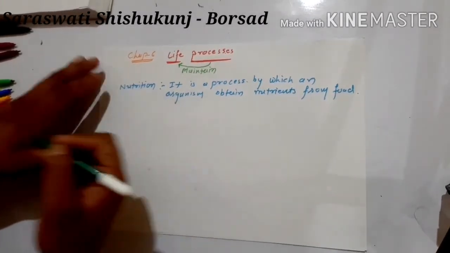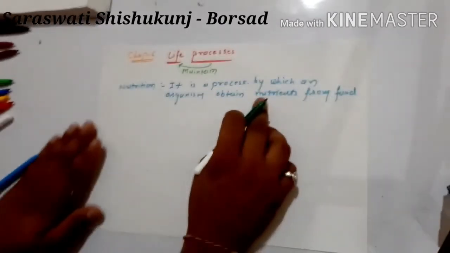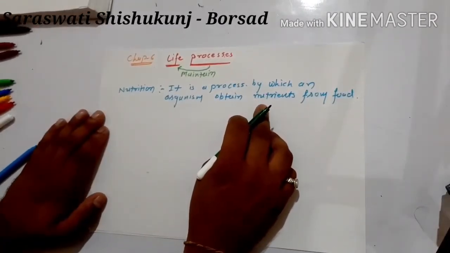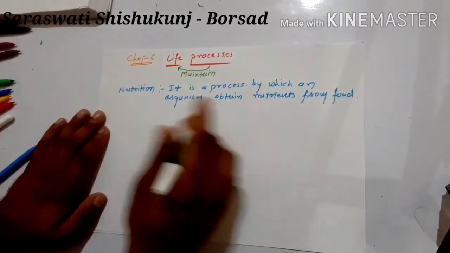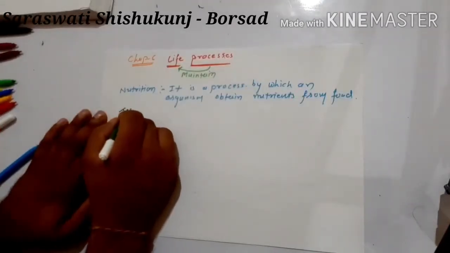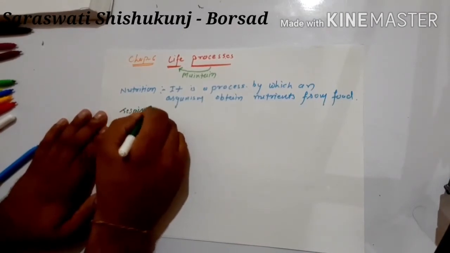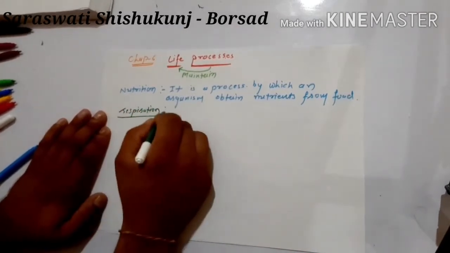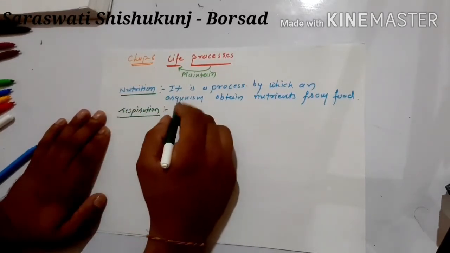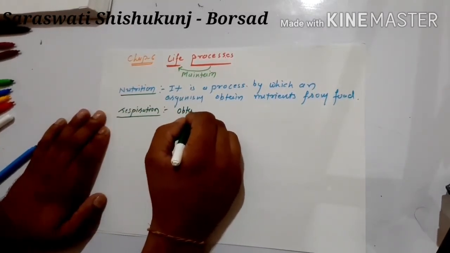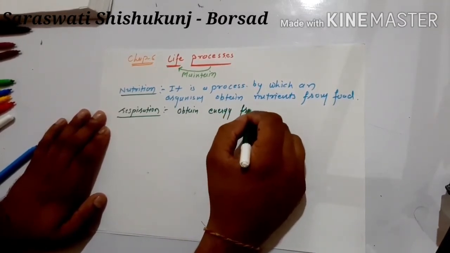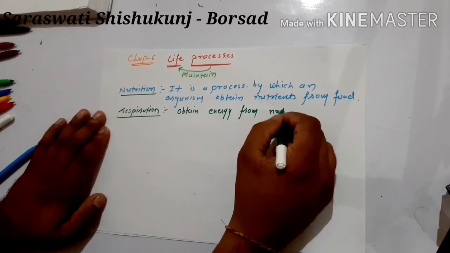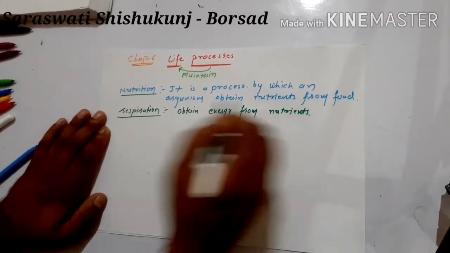Then the another one which we talk about, if we obtain the nutrients, right? To obtain the nutrients is not only our task. From the nutrients which are obtained, we must release energy. So for that we will have respiration. With the help of this respiration, we will obtain energy from nutrients, right?